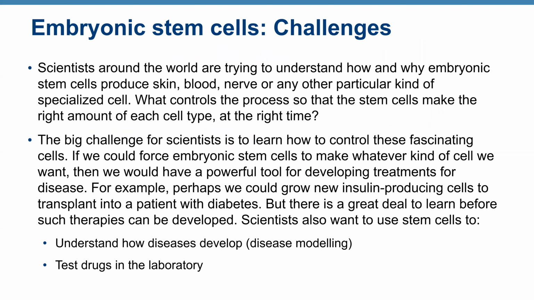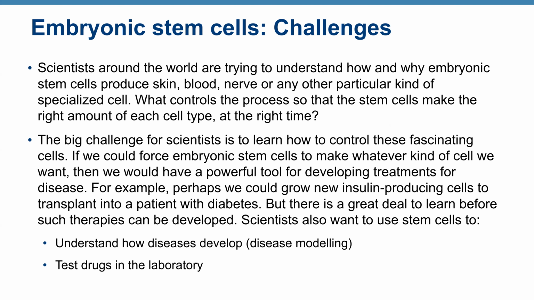Scientists around the world are trying to understand how and why embryonic stem cells produce skin, blood, nerve, or any other particular kind of specialized cells. What controls the process so that the stem cells make the right amount of each cell type at the right time? The big challenge for scientists is to learn how to control these fascinating cells.